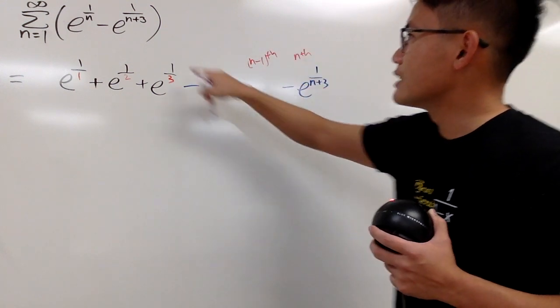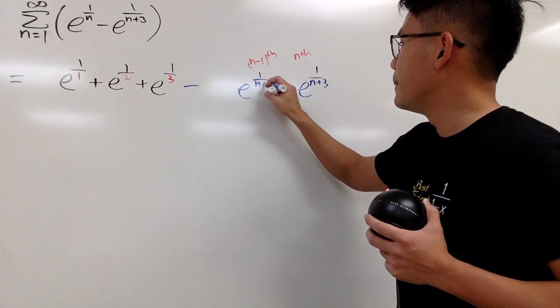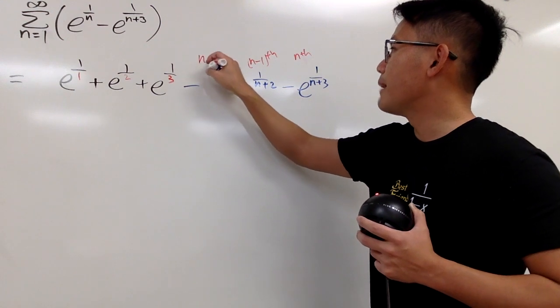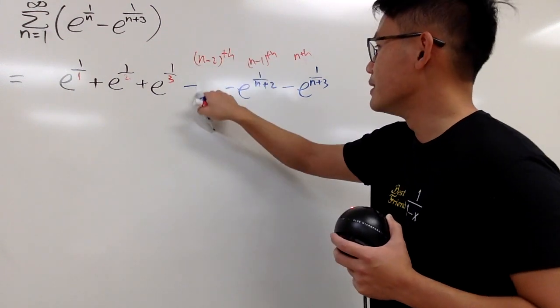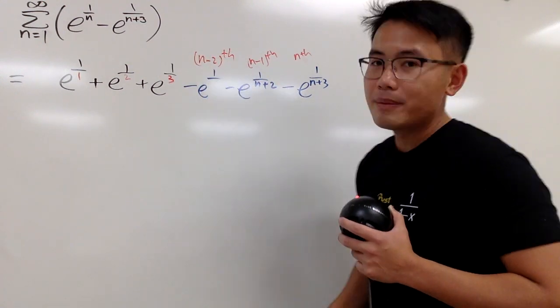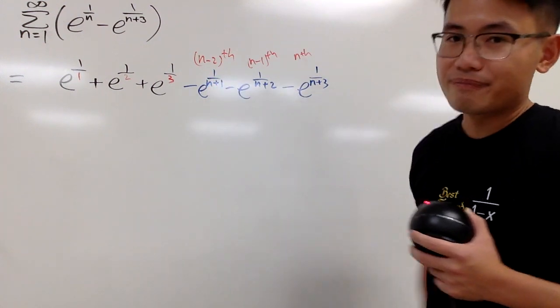So you plug in n minus 1 to here, you get e to the 1 over n plus 2, and this is subtracting. And then you have to do n minus 2's term. So what you do is, plugging n minus 2 into this n, you get e raised to the 1 over n plus 1. So this is pretty much what you have.